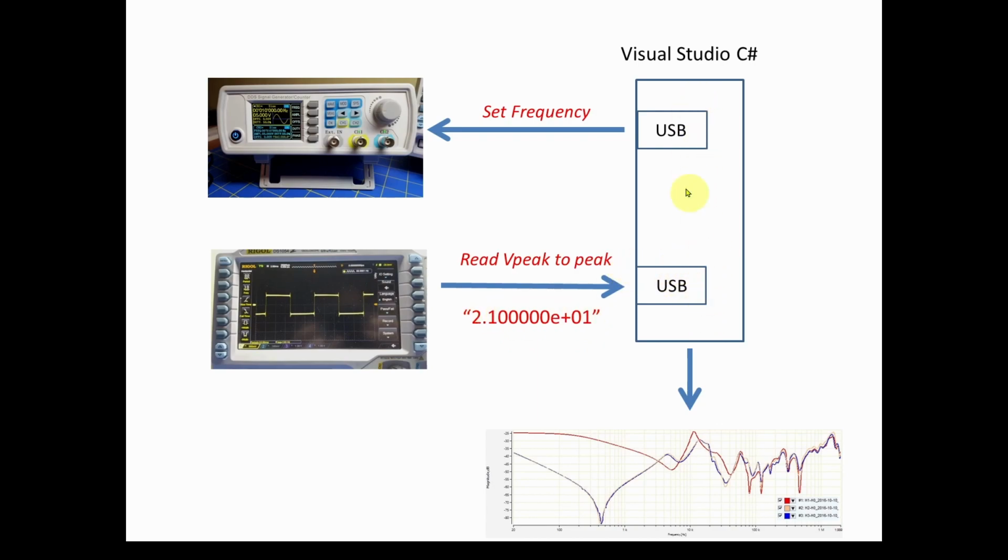And then the C# or the Visual Studio application is going to take the frequency we sent and the read voltage and generate this waveform. In the real world, it's not quite that easy. And we're going to look at what can go wrong with this, and you really, really need to address it, or else it's going to drive you crazy.